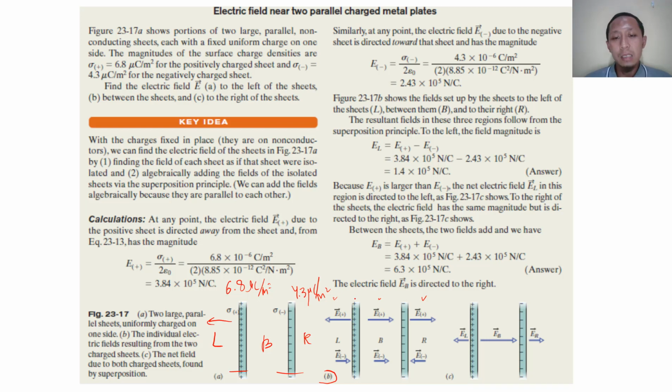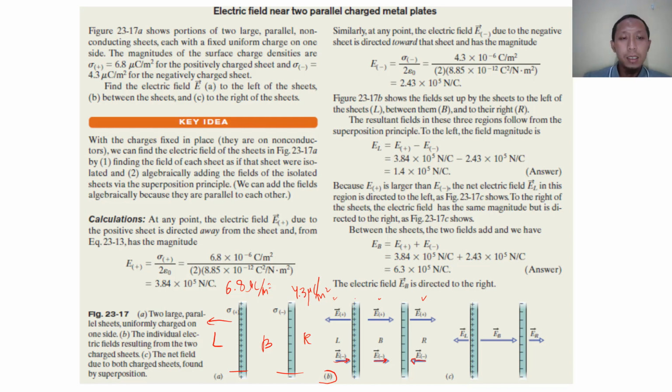The second is that the direction of E of the negative charge is toward the negative charge. This is the right side, between the sheets, and this is the left side. So don't forget to check all the sides: here we have the left, between, and right. You have to check the total E in this chart.